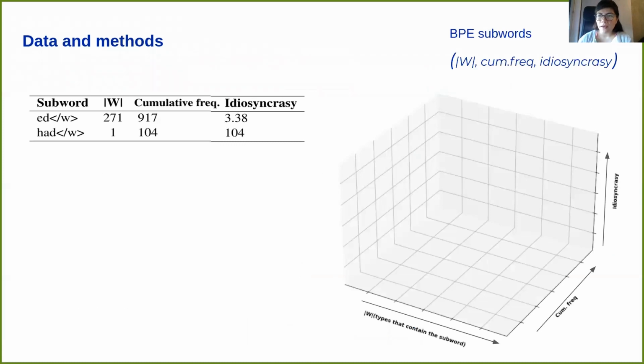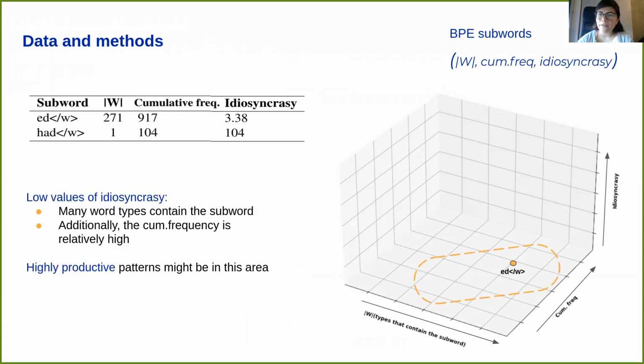We can think of this as 3 dimensions that are characterizing each subword. And the idiosyncrasy is a function of the types that contain the subwords and the cumulative frequency. So subwords that have low values of idiosyncrasy, it's probably because many word types contain that subword, and additionally, the cumulative frequency of those word types is relatively high.